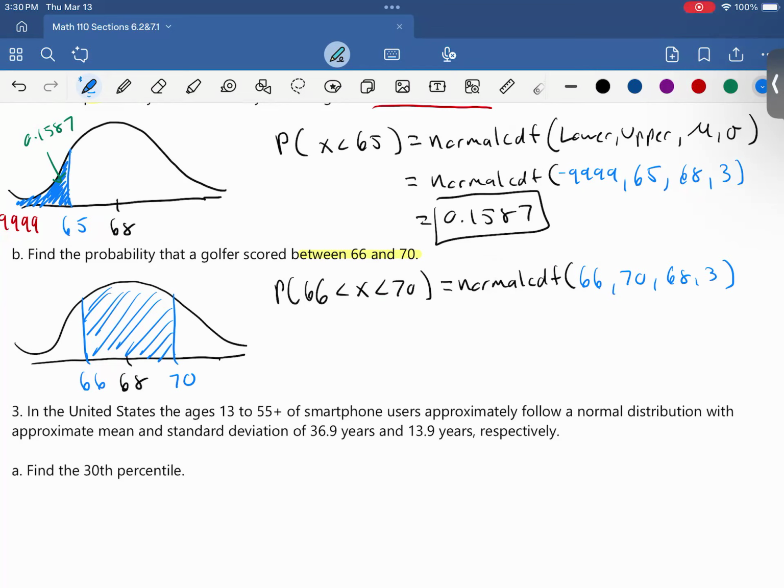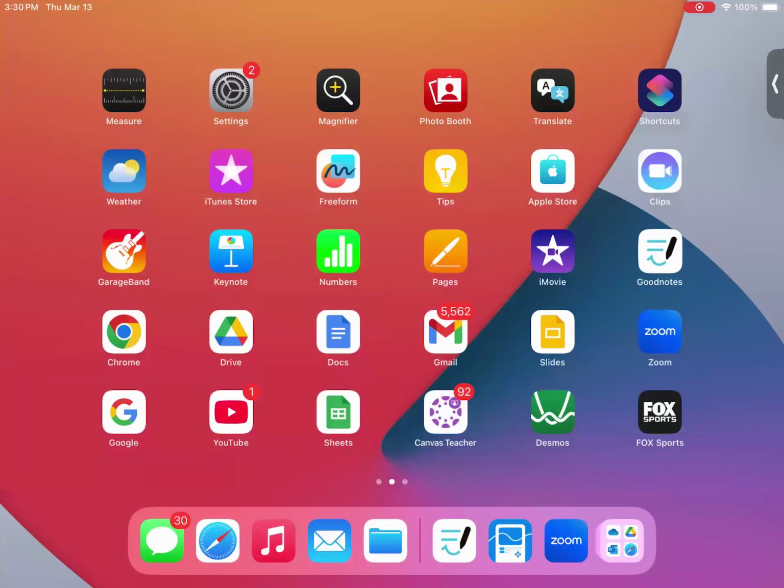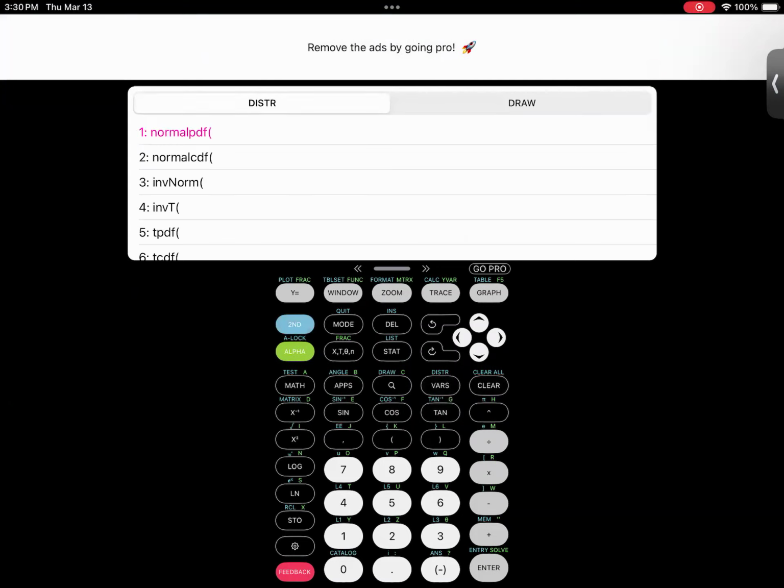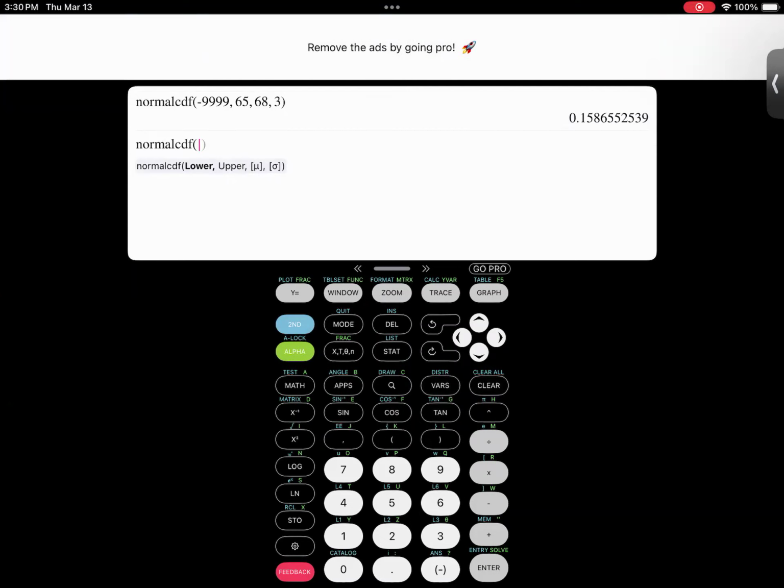Okay, so let's jump to our calculator and put this information in. Calculate 84 again, second distribution, normal CDF, and let's input our numbers. So we have 66, comma, 70, comma, 68, comma, and 3.